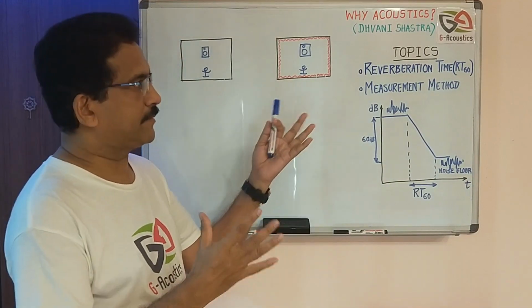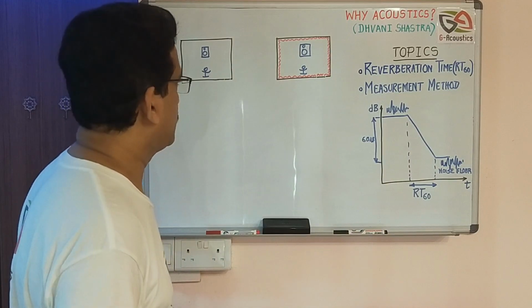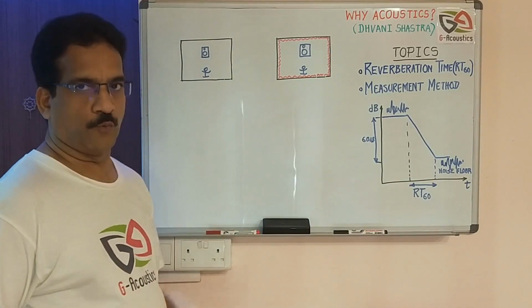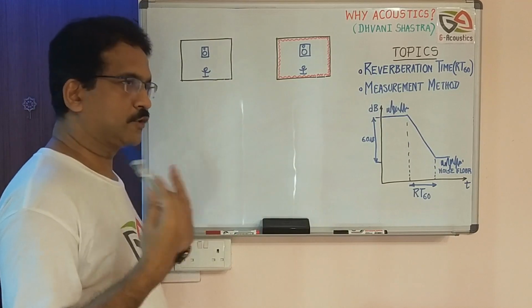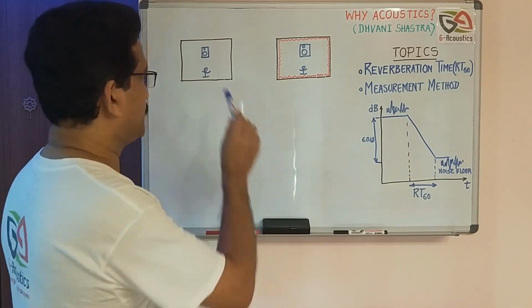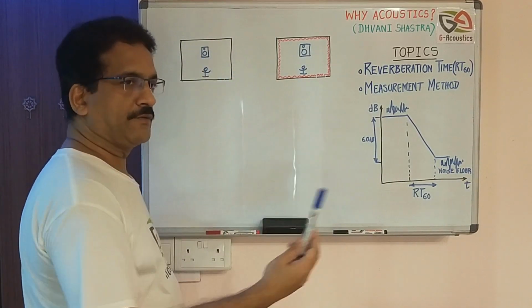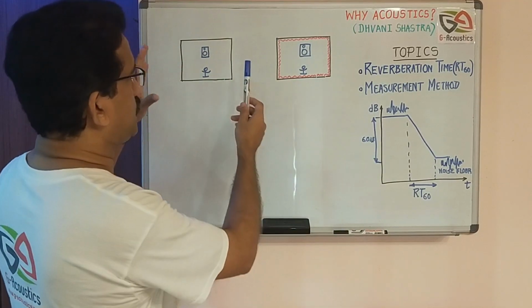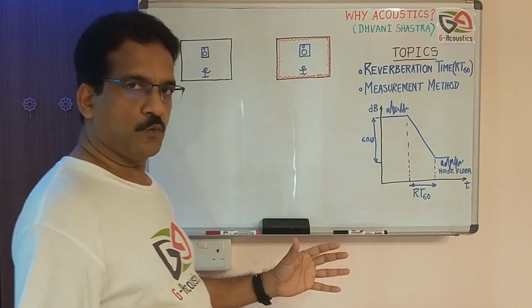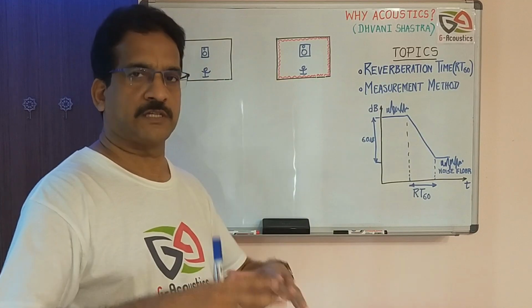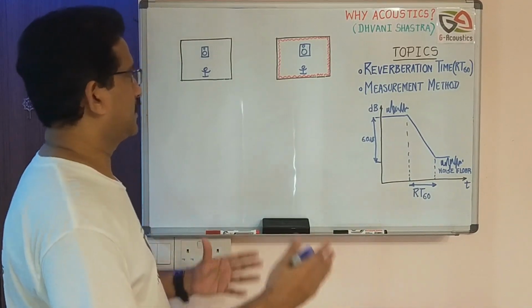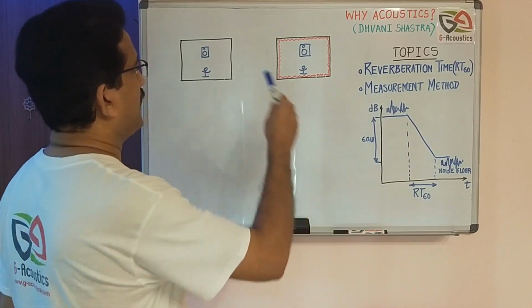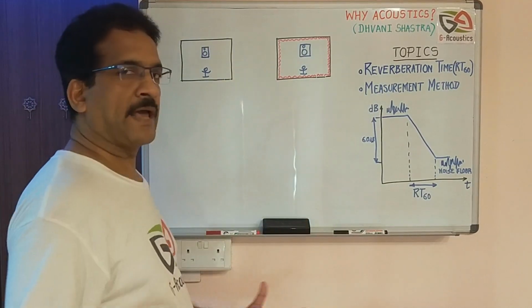Coming to the concept of reverberation time, let us consider there is a room with a source of sound, and you are there listening to the speaker. Let us assume this room is a new studio room which is not yet furnished. You have taken up this studio for your new venture and you are playing music.